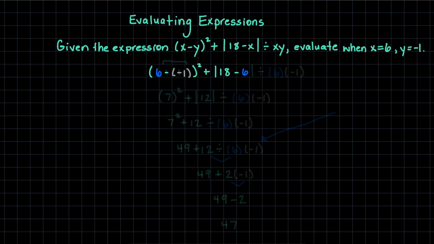Okay, we have two sets of groupings. I've got parentheses and I have absolute value bars. So we're going to start inside this grouping here. 6 minus -1, minus a negative supercharges to a positive. So that's going to be 6 plus 1, which is 7.